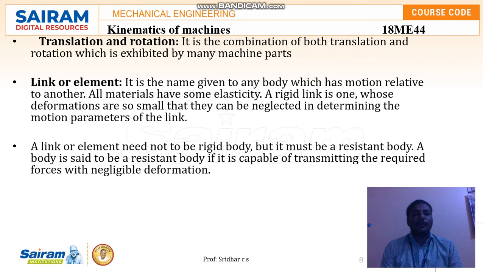From one link, I need to transmit a motion or a mechanism, so we connect, or interlink, the links. That gives the transmission of motion or a mechanism. That is what we call a link.